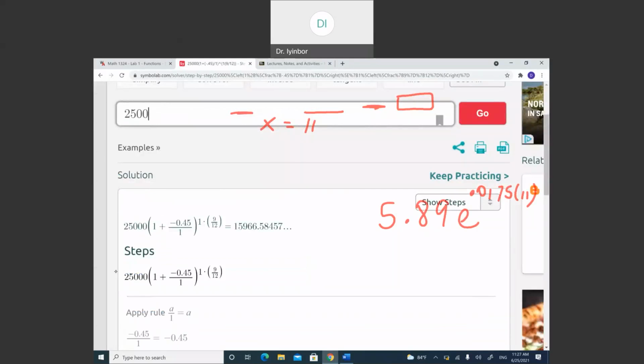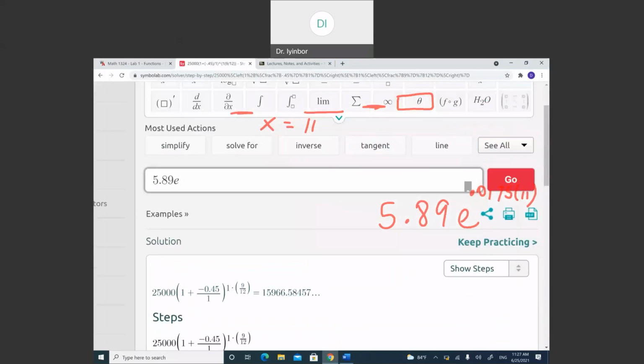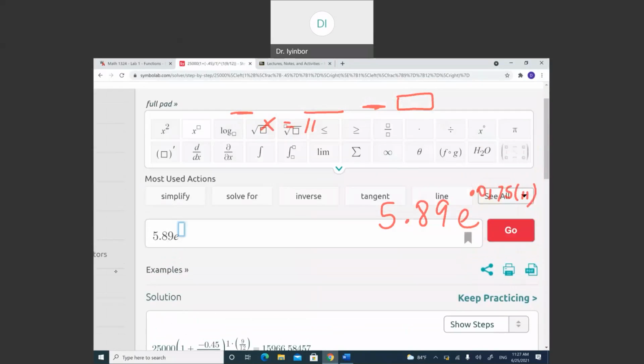So you have 5.89 E, so you put E on the keyboard, and then you put the exponent 0.0175 times 11.